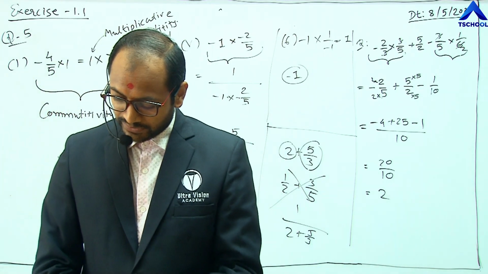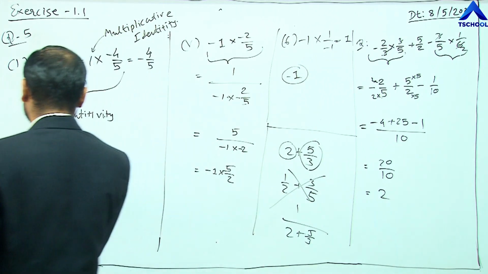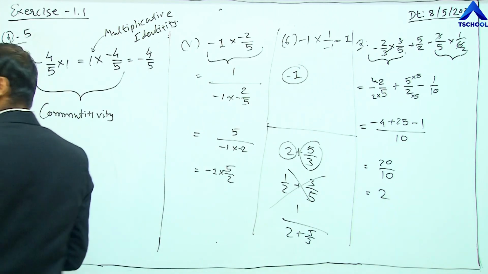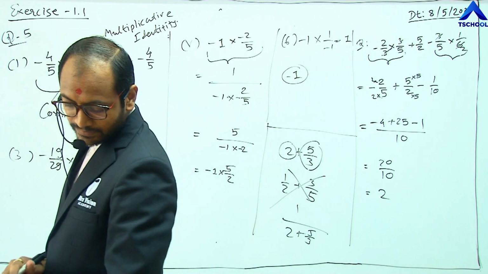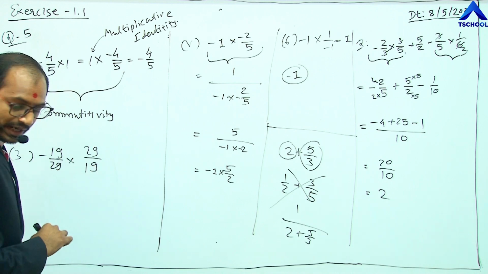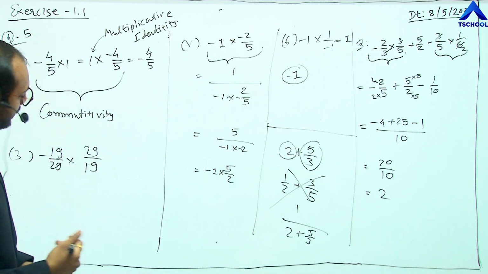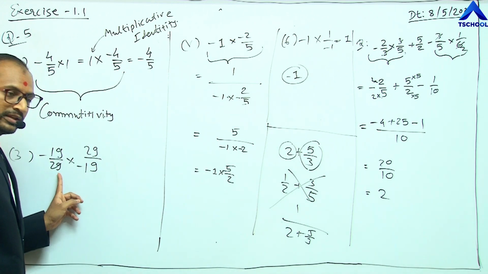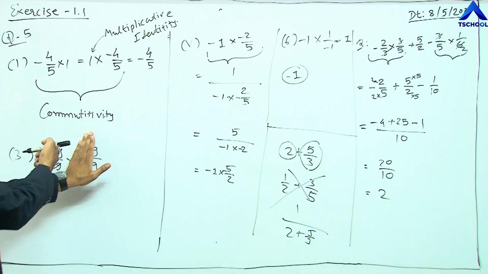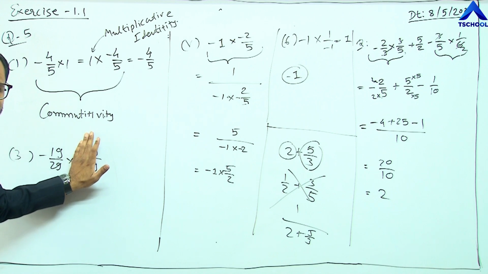And the third equation is minus 19 upon 29 multiplied by 29 upon 19. Now see, what is the reciprocal of minus 19 upon 29?